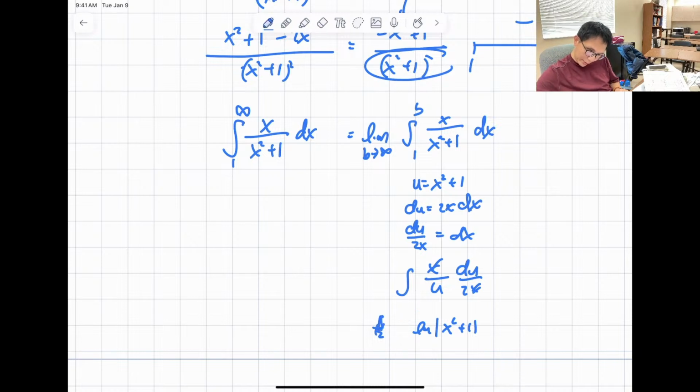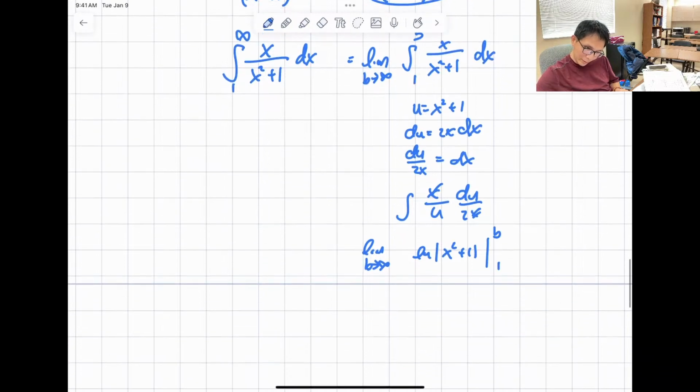And that's going to be the limit as b approaches infinity, between b and 1, of one half natural log of b squared plus 1 minus ln of 2.